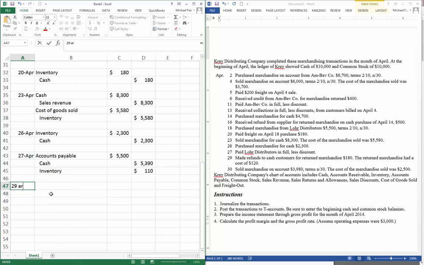29th, made refunds to cash customers for returned merchandise, $180. Returned merchandise had a cost of $120. So we're going to list that as sales returns and allowances. Another contra revenue account.